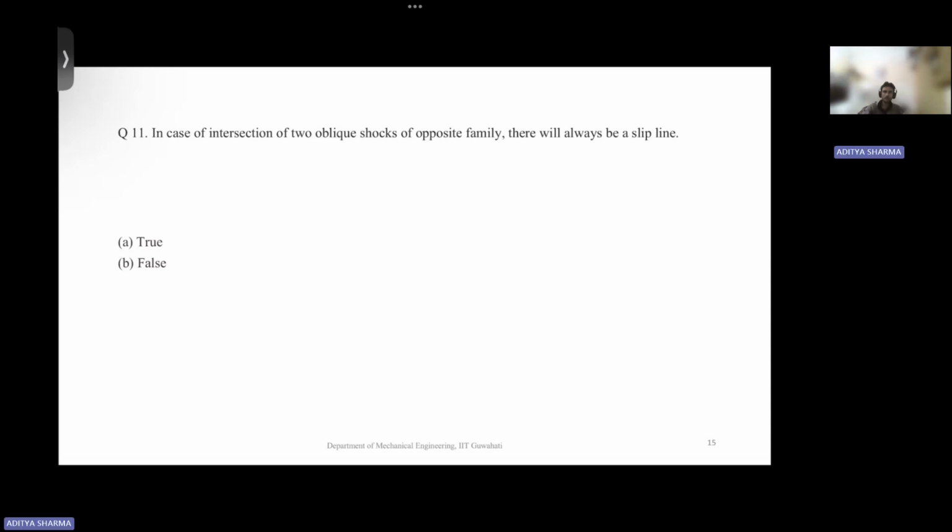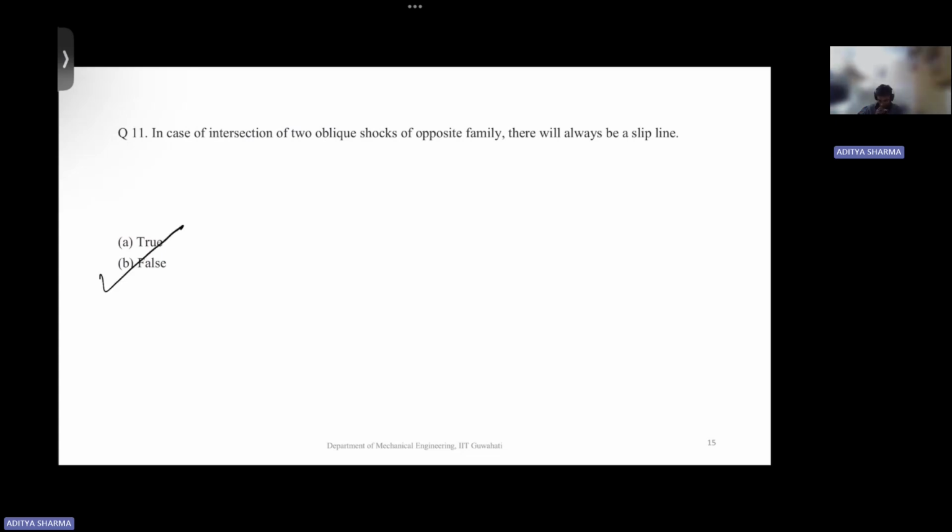Then, in case of intersection of two oblique shocks of opposite family, there will always be a slip line. Is this true or false? This again is false. Why?